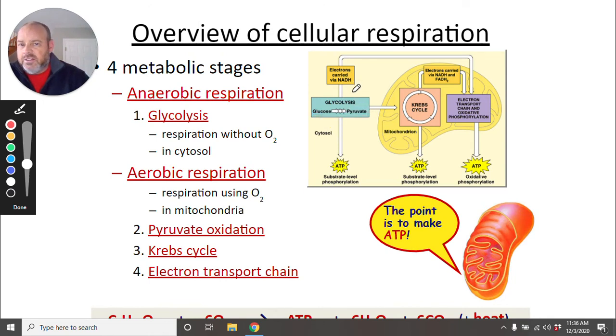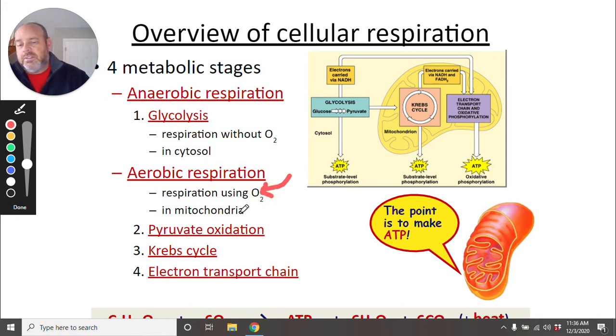The electron carriers, NADH, are going to go all the way over here, and we're going to save those for later. We're also going to generate a little bit of ATP, and all that's going to happen in the cytosol.